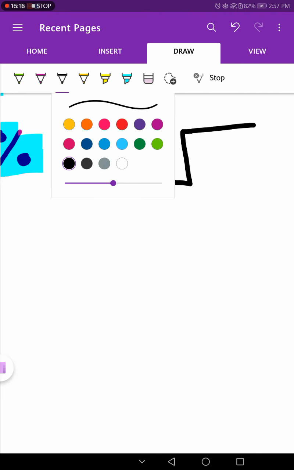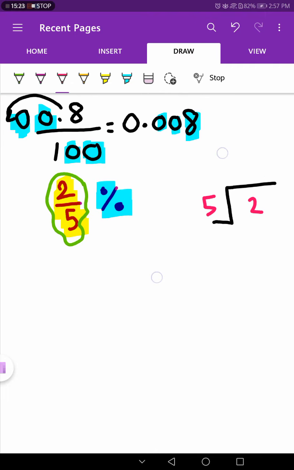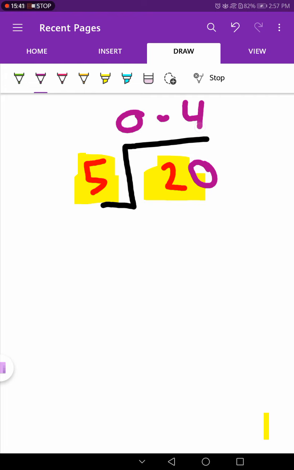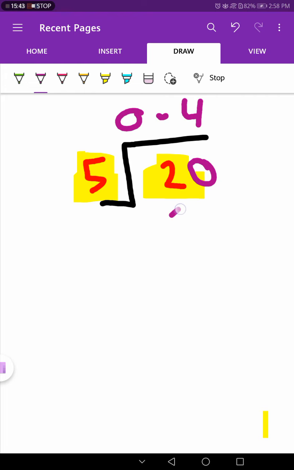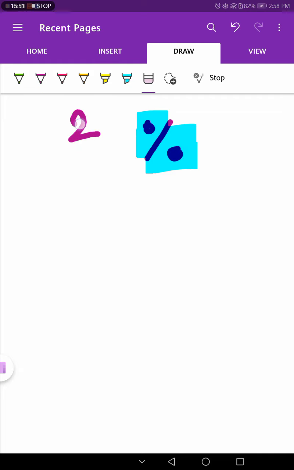It is 2 over 5. See, the number up is in and the number down is outside. Now, ask the question, how many 5 in 2? It is 0. 0 here and decimal point here. So, how many 5 in 20? There are 4. So it is 0.4. So instead of this, I write 0.4.